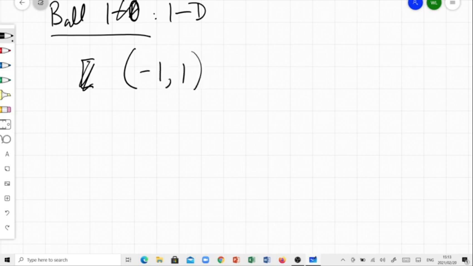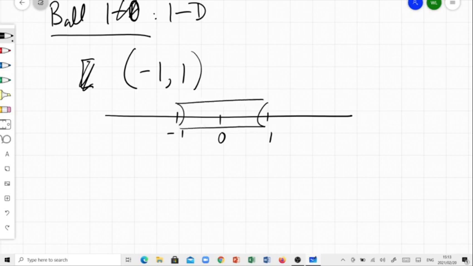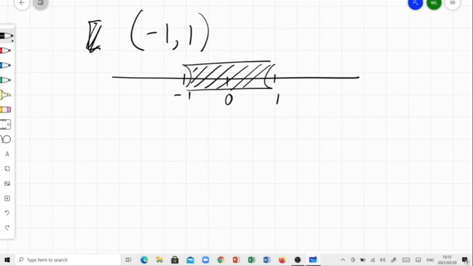If I draw it on the number line, it's minus 1 and 1. Therefore this consists of all the points between 1 and minus 1. Notice that you can regard this as a one-dimensional ball, because the center point is 0 and the radius is 1. So all the numbers are within radius 1 of this ball.